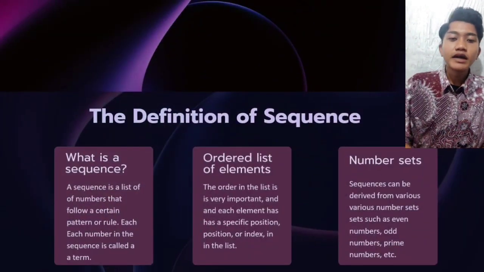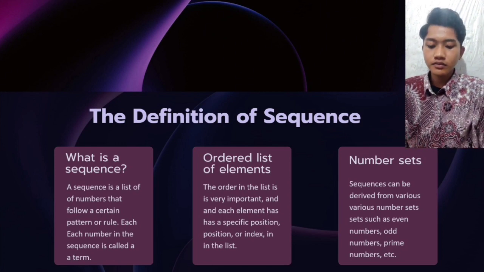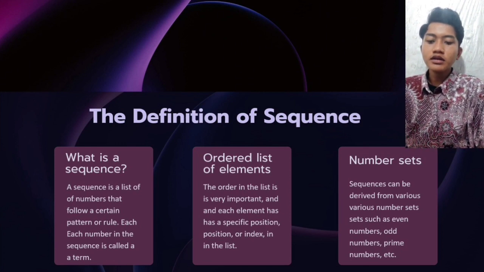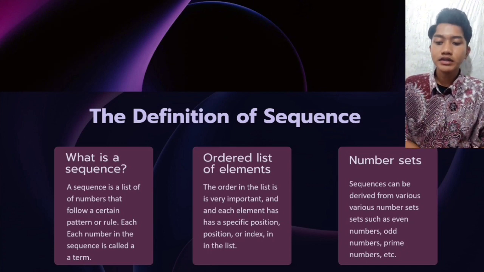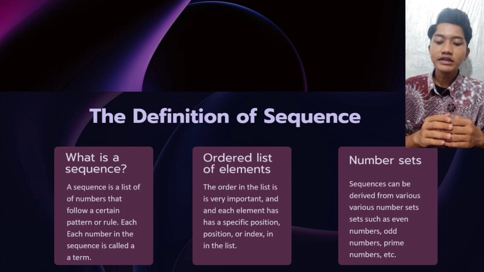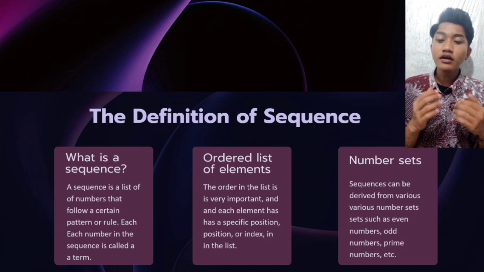Okay guys, next to point 2: the definition of sequence. What is a sequence? A sequence is a list of numbers that follow a certain pattern or rule.